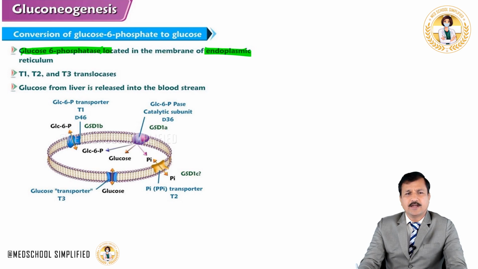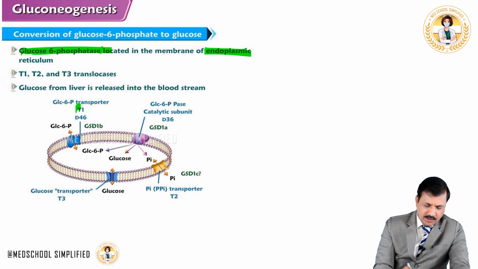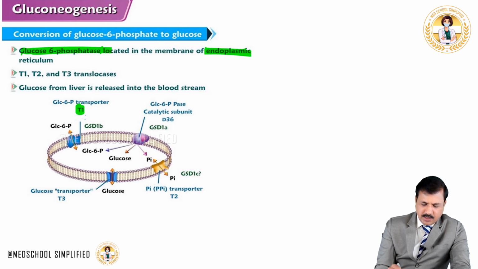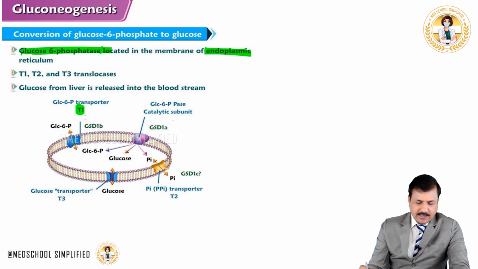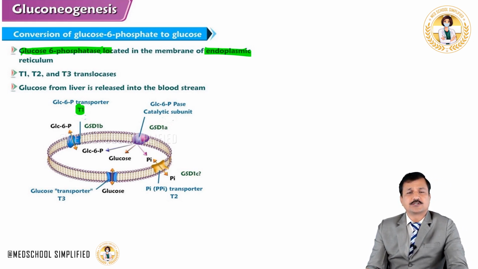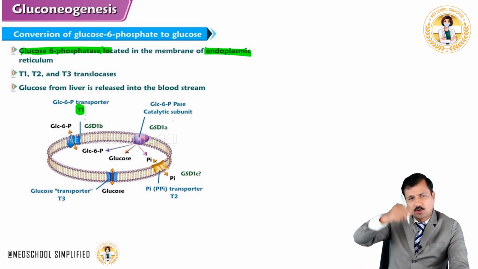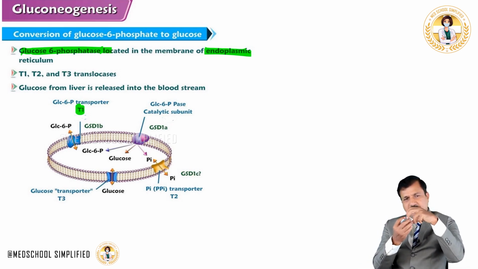That means cytoplasmic glucose 6-phosphate, which is coming all the way from lactate or alanine or glycerol or propionyl-CoA, has to now go into the endoplasmic reticular membrane. In order to go there, we have a transporter called the T1 transporter. This T1 transporter, also called T1 translocase or glucose 6-phosphate transporter, allows glucose 6-phosphate to enter the lumen of the endoplasmic reticulum, and that's where the glucose 6-phosphatase enzyme is attached.